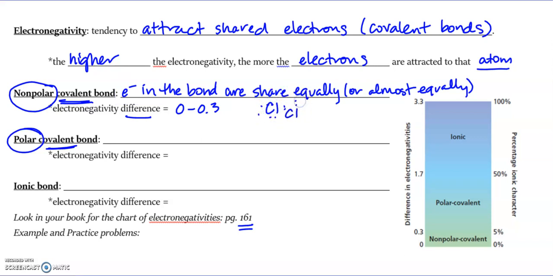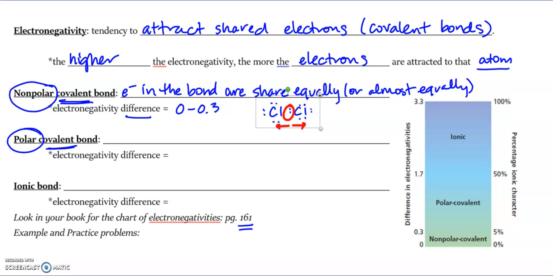So if you have a number minus itself, you get 0, okay? So these electrons right here are equally spaced in the middle. This chlorine has the same amount of attraction as this chlorine. So nobody's winning this tug of war.